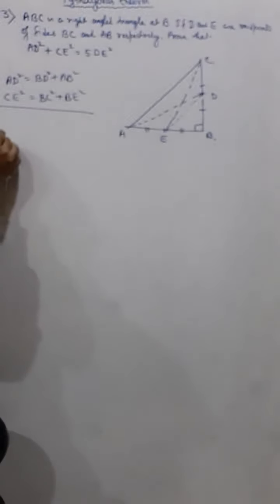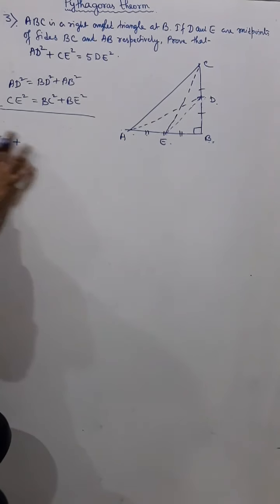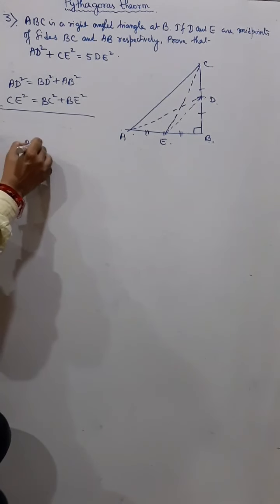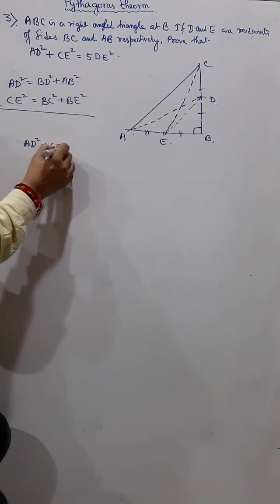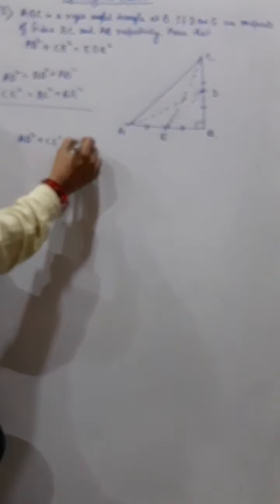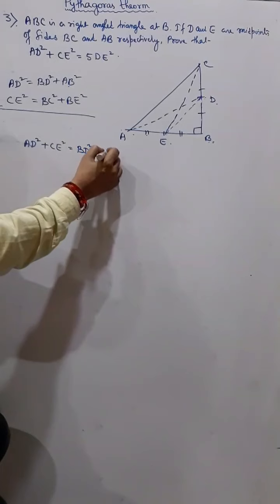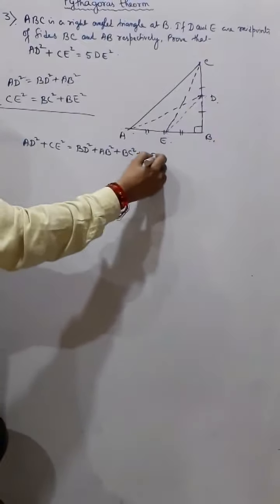Now if I add them again, we get AD square plus CE square is equal to, I'm writing it here as there's no space, AD square plus CE square is equal to BD square plus AB square plus BC square plus BE square.